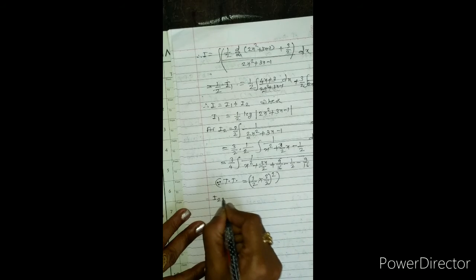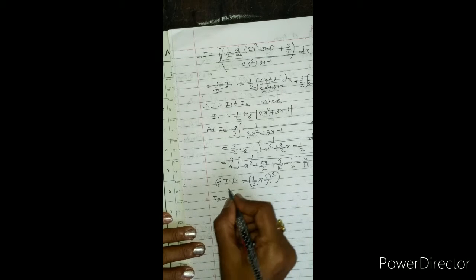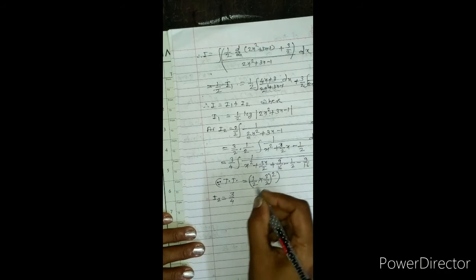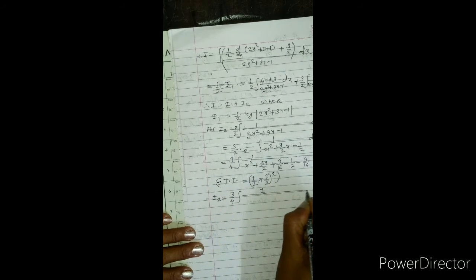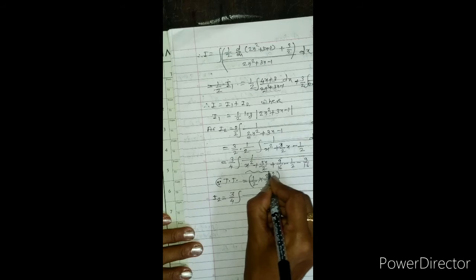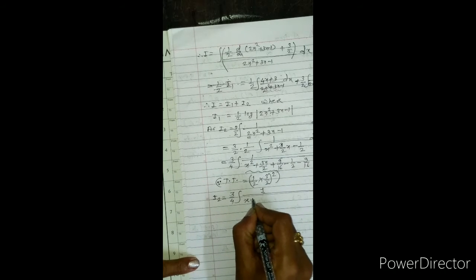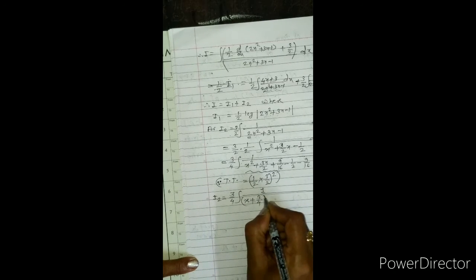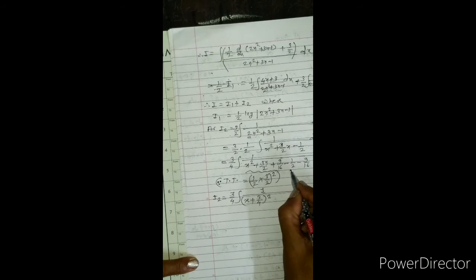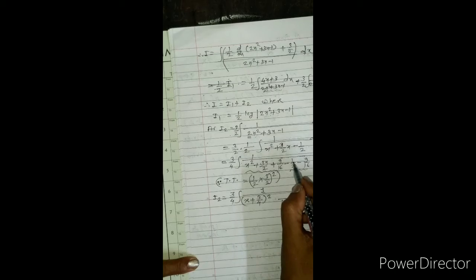Again that integral I2 becomes 3 by 4 times the integral of 1 upon, now from the first three terms we get the expansion of the square of root of first, sign of second, and root of third, that is x plus 3 by 4 bracket square. Now for this difference, taking LCM 16, we get minus 8 and minus 9.